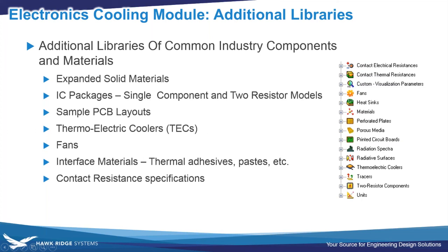And if you didn't know, all of these properties in the library that you can create or just use from the default, they can also be saved directly into the part file themselves in SOLIDWORKS, which means if you've got a chip that you regularly use, when you bring it into your assembly and then create a flow simulation project, that two resistor component or other model can be immediately imported.